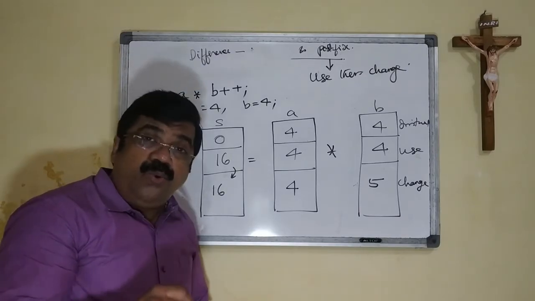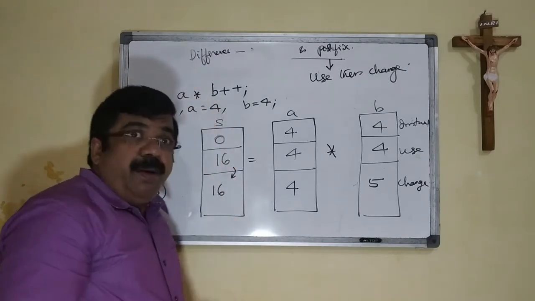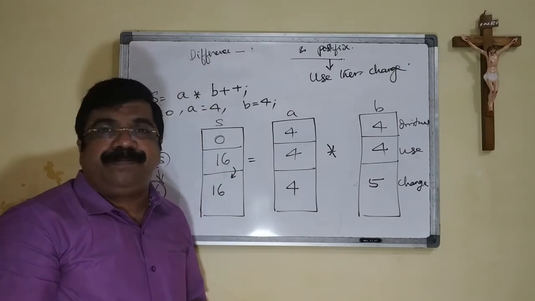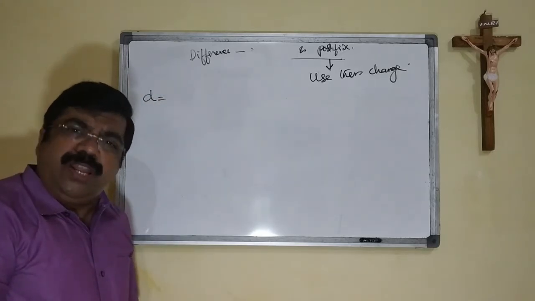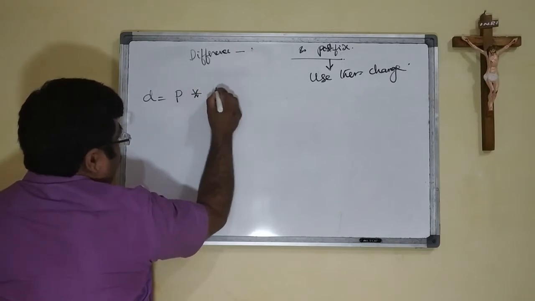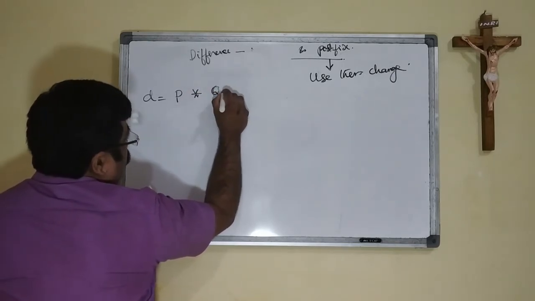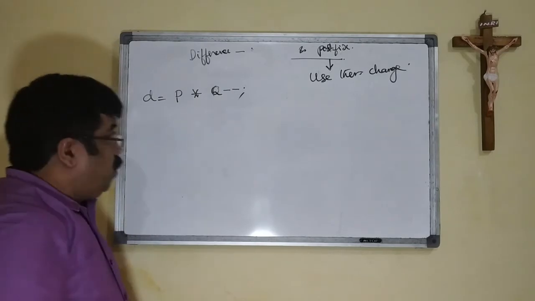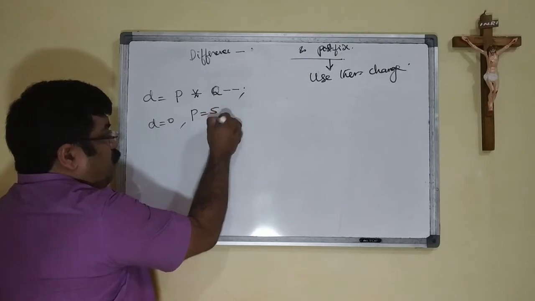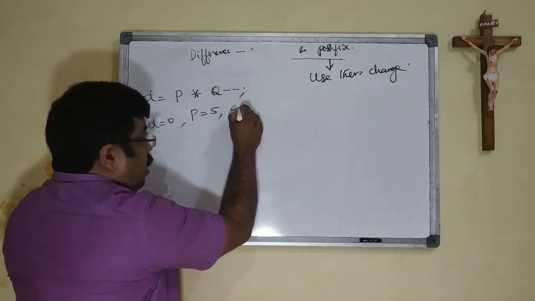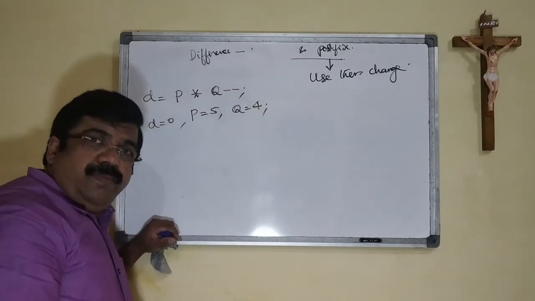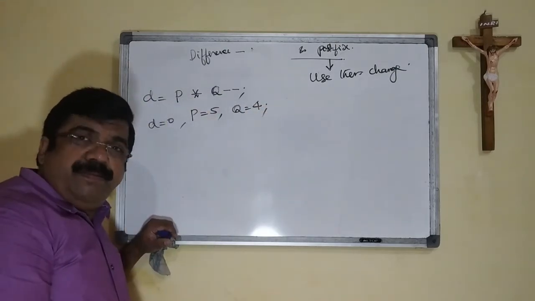Okay, now let us see the postfix with the help of the decrement operator. D is equal to P multiplied by Q minus minus, where D had 0, P had 5 and Q had 4. Let us see what is happening.